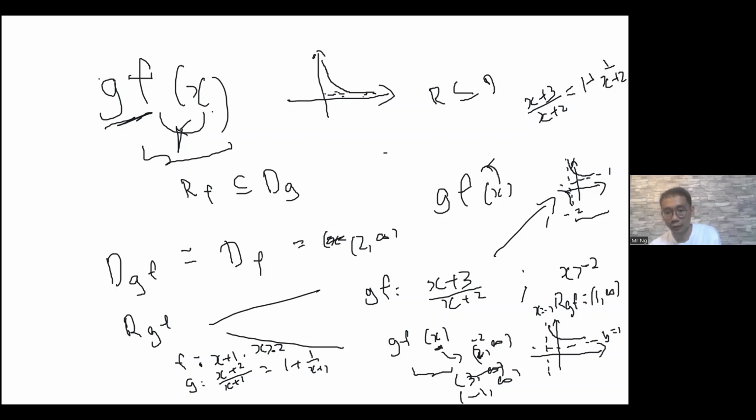Okay, let me explain everything again. Just now I did something wrongly: I expressed this wrongly. I should put it as x more than negative 2.